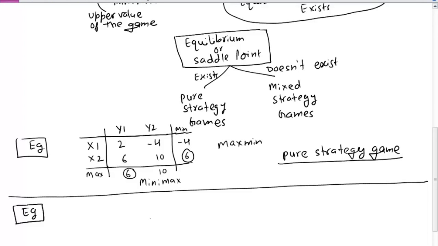This previous example you can also see is favoring player X, because out of 4 situations, in 3 situations it favors player X. So let's look at this one, x1, x2, y1 and y2, and suppose the payoffs are 10, 6, negative 12 and 2.